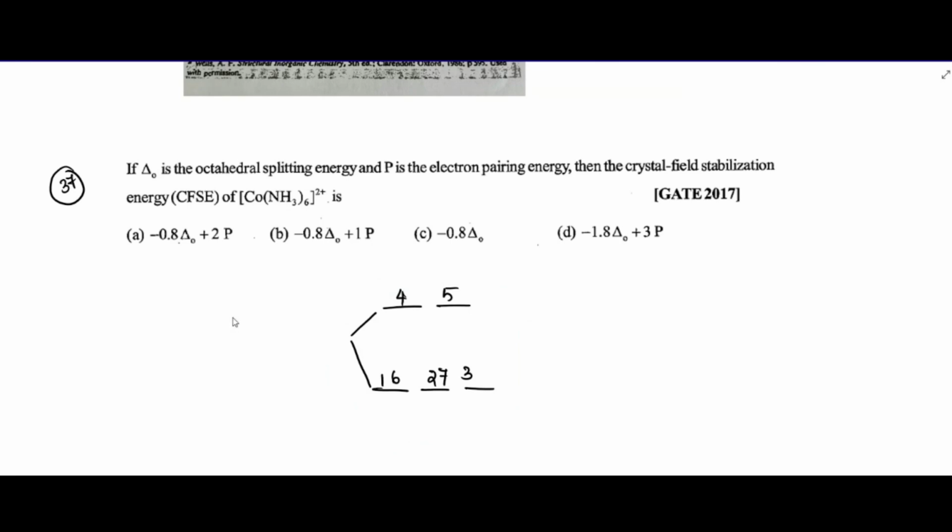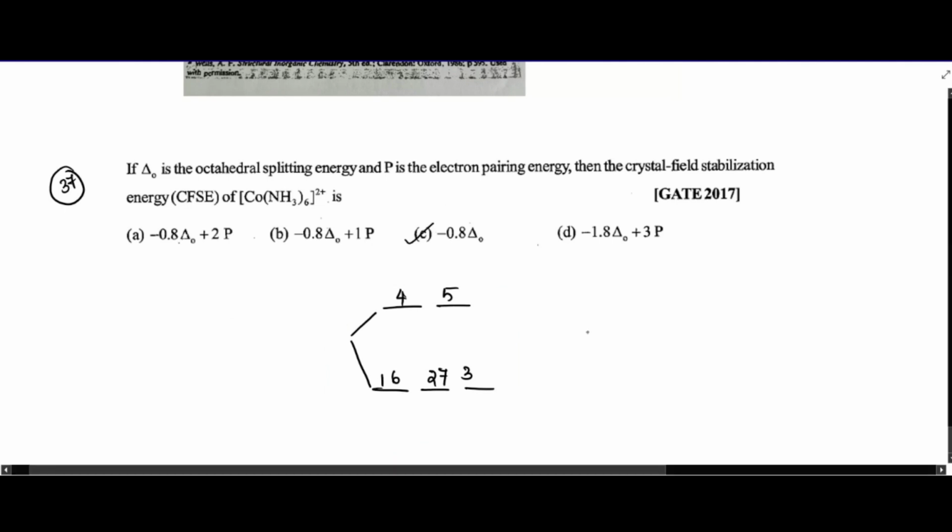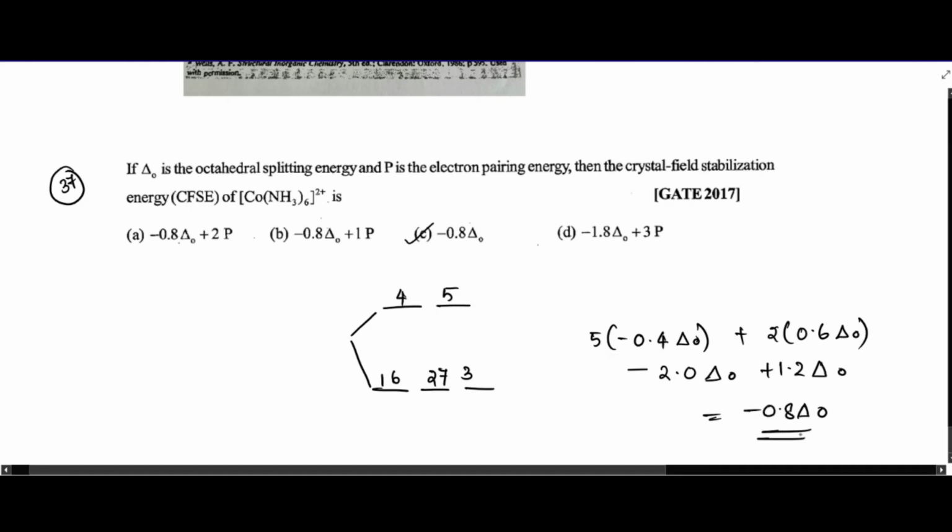So if it has followed that rule, then you need not consider the pairing energy. It's just option C. എങ്ങനെയാ വന്നത്? You have 5 electrons in minus 0.4 delta O, and you have 2 electrons in 0.6 delta O. So minus 2 here, plus 1.2 here. So this is going to be minus 0.8. Okay.